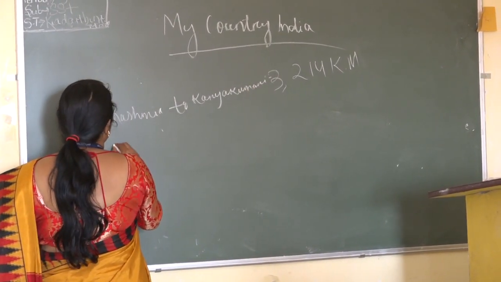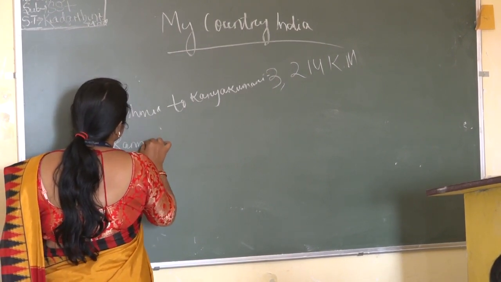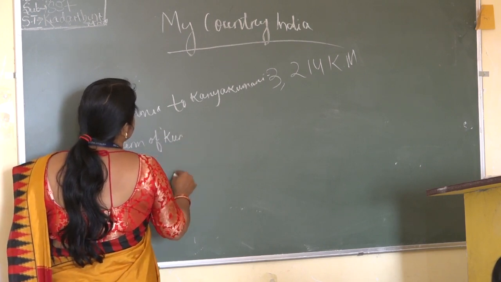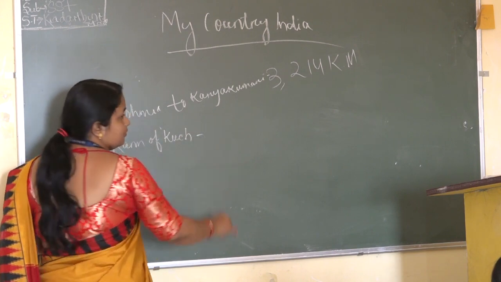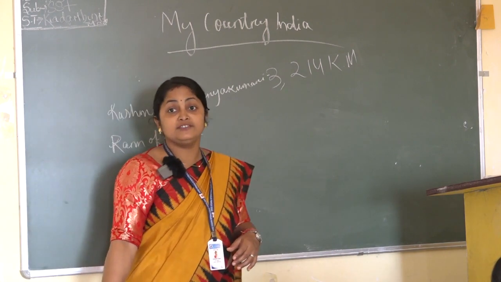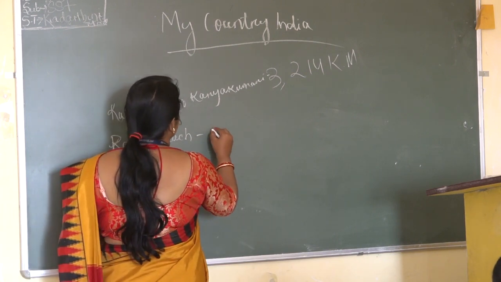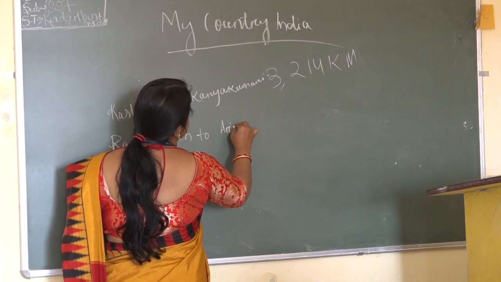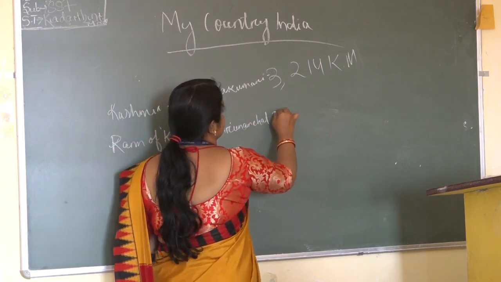And from the Rann of Kutch in Gujarat to Arunachal Pradesh, it is 2,900 kilometers.